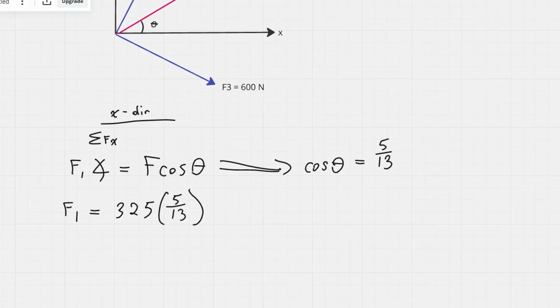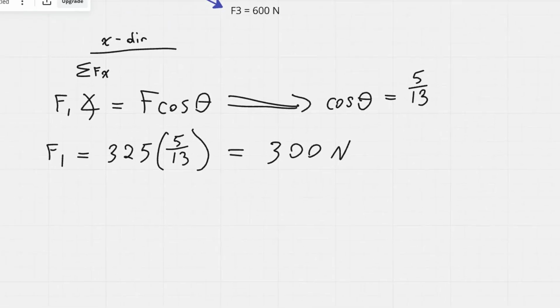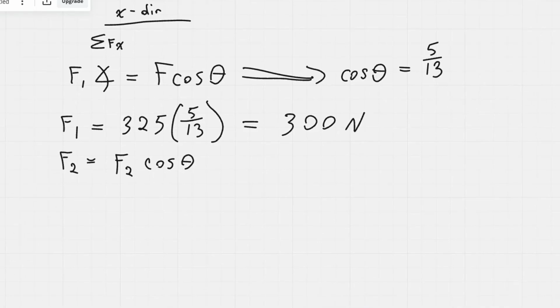And then obviously when you evaluate this, it's going to be 300 newtons. All right. So that's F1. F2, we don't know what it is, right? It's just some F2 times cosine of theta. We don't know what theta is either, so we're just going to put it like that. That's all we have.